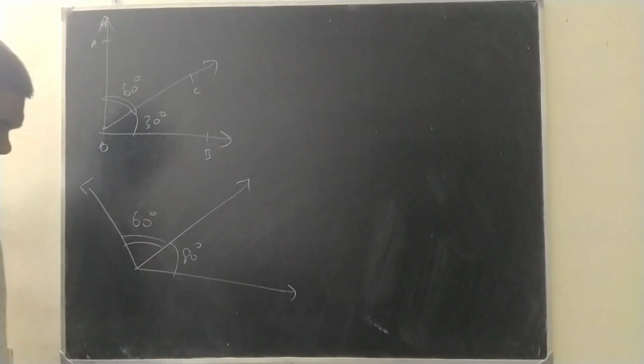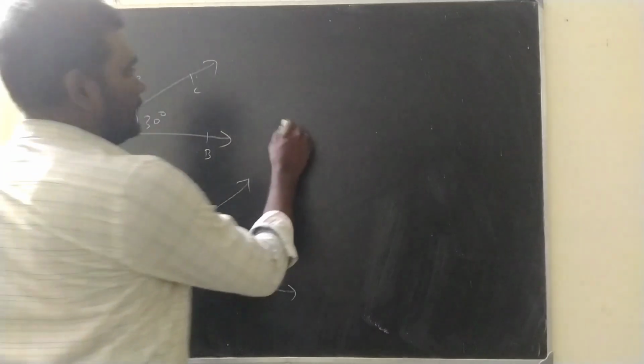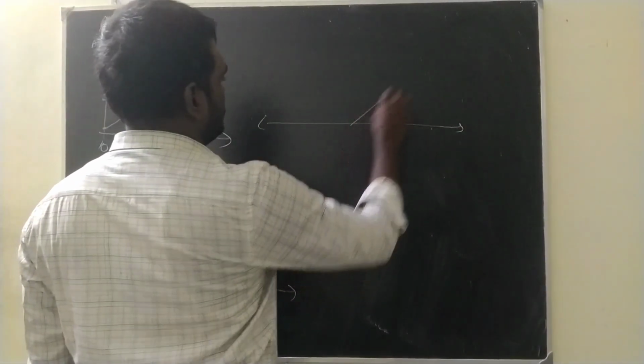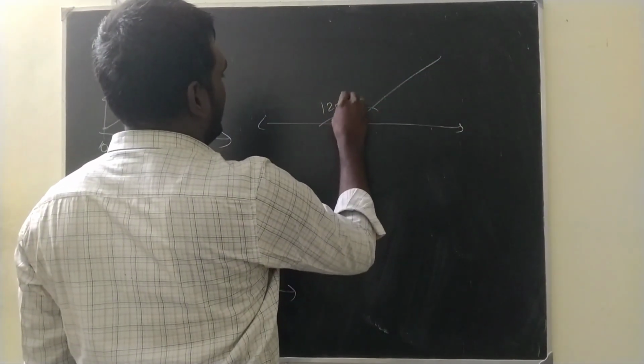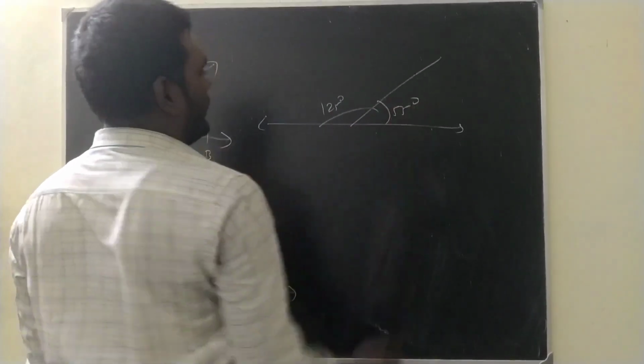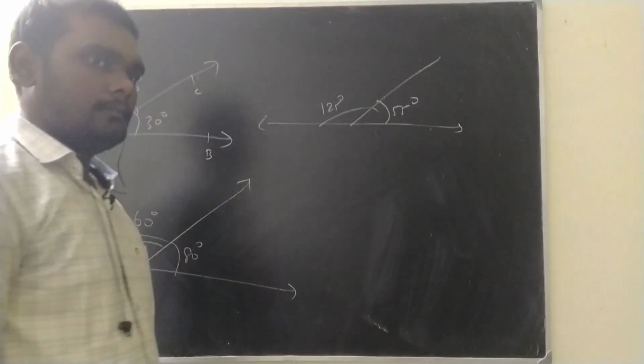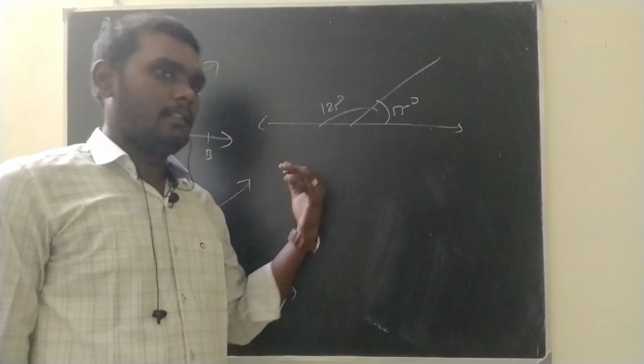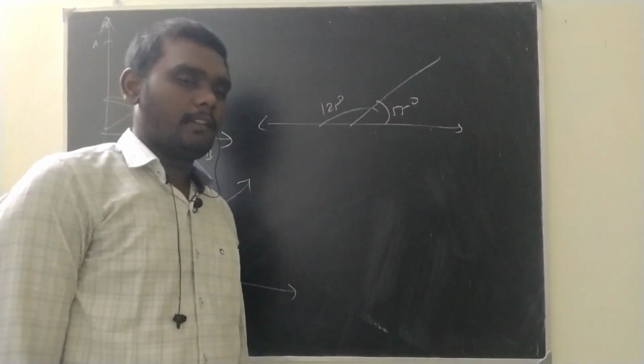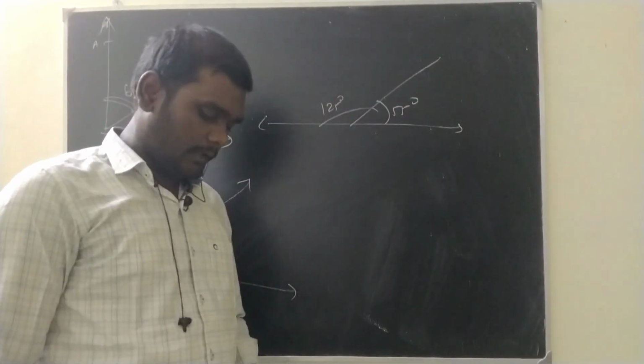Okay. And then this comes. One side 125 degrees, one side 55 degrees. Adjacent angles and linear pair, you can say. Okay, because they are on a straight line.